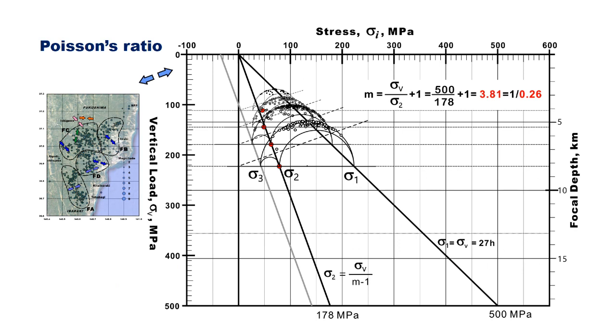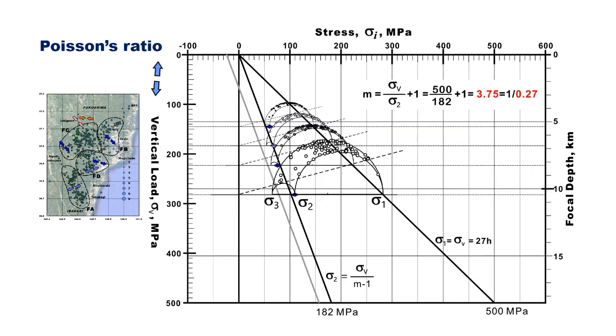Here sigma 1, sigma 2. Sigma 2 is a function of the Poisson ratio. So in cluster A we determined the Poisson ratio as 0.26. In cluster C here, the Poisson ratio was calculated as 0.27.